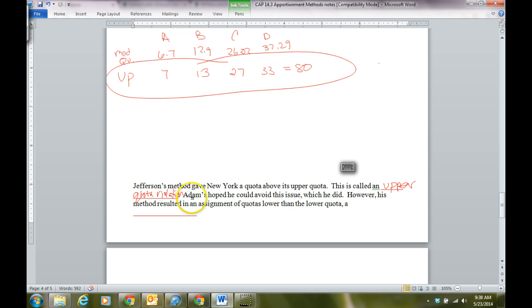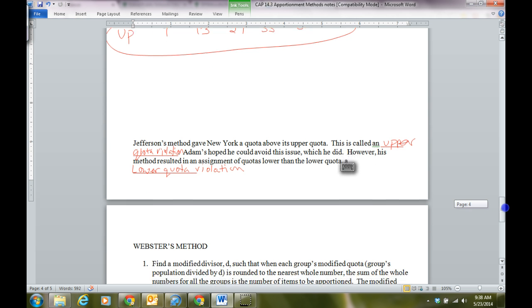And when Adams goes below the lower quota, that's called a lower quota violation. In the cases that we showed you today and yesterday, they didn't break the quota rule, but they can. So I just wanted to bring your attention to that. It might happen in your homework.